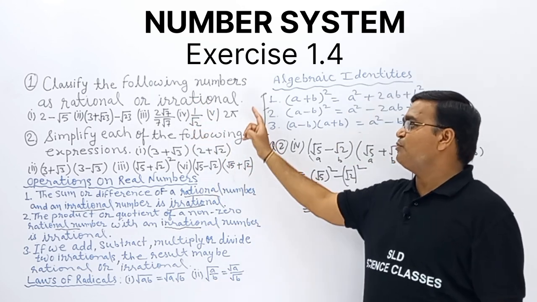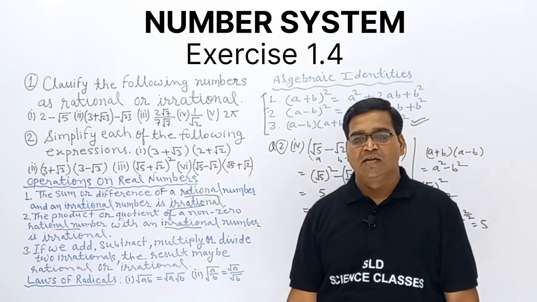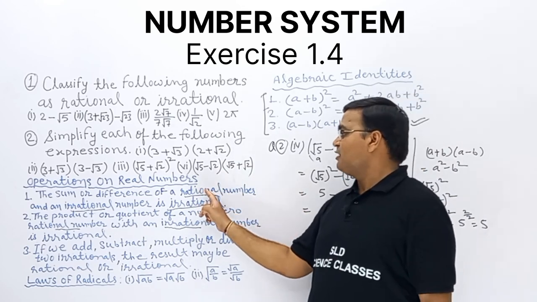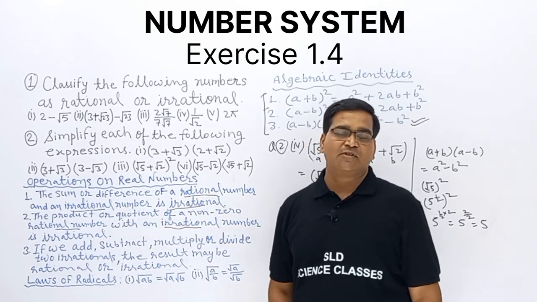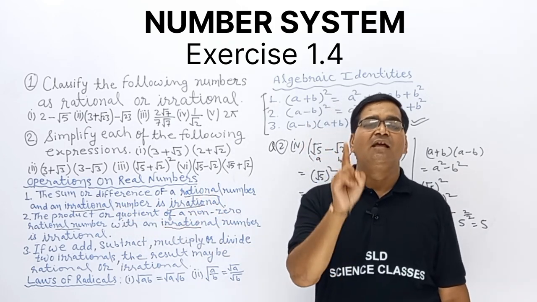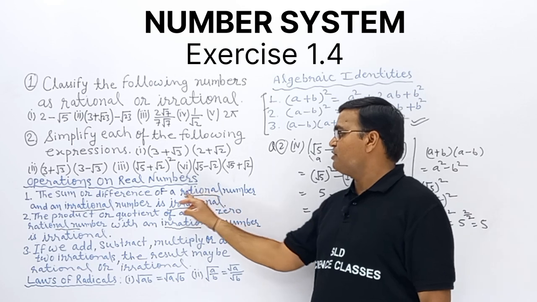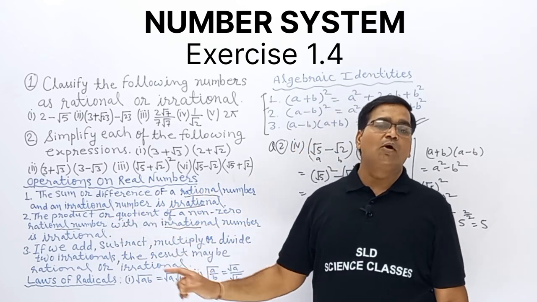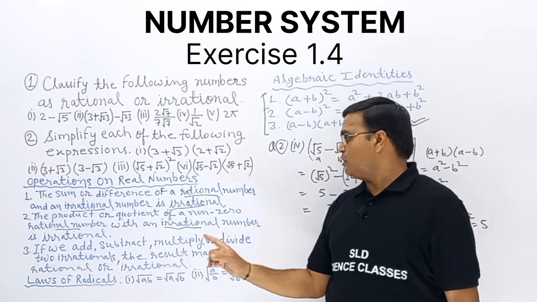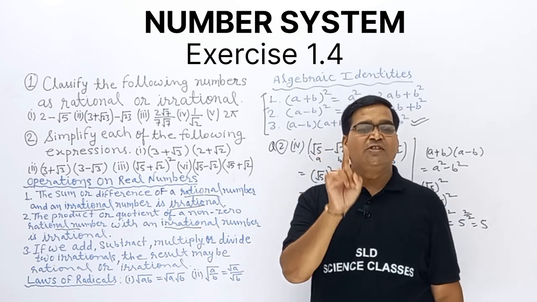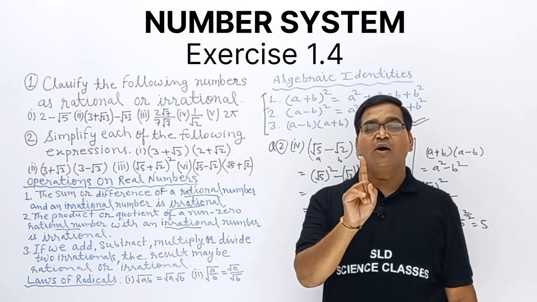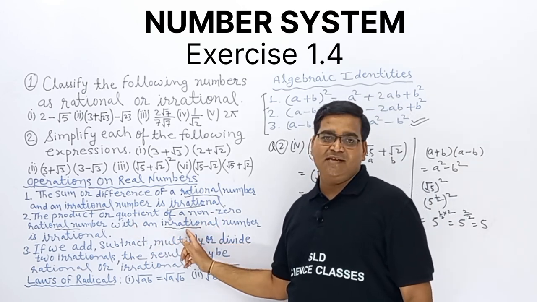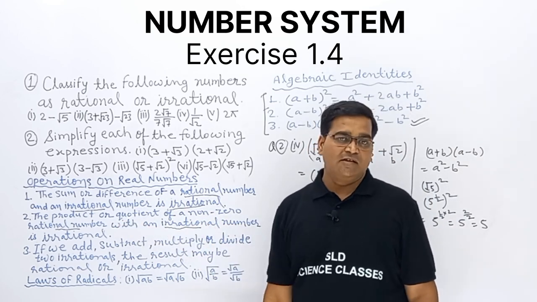Question number first is based on the operation on real numbers. In the operation of the real numbers, the sum and difference of a rational and irrational number, the result will be irrational. And the product or quotient of a non-zero rational number, non-zero meaning without zero, we cannot use zero, with an irrational, the result will be irrational.